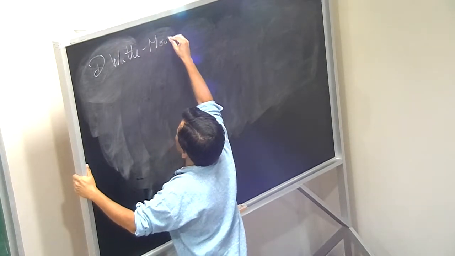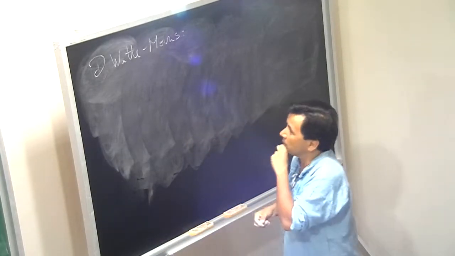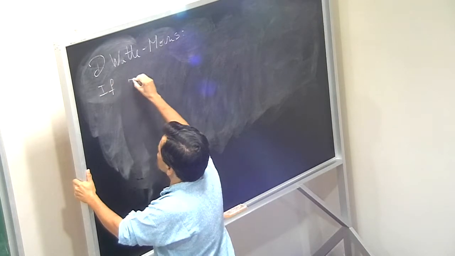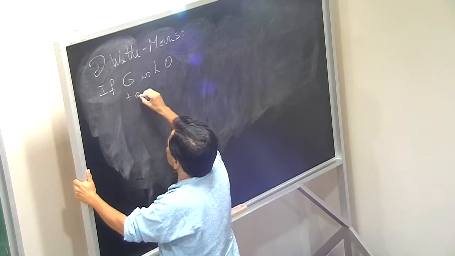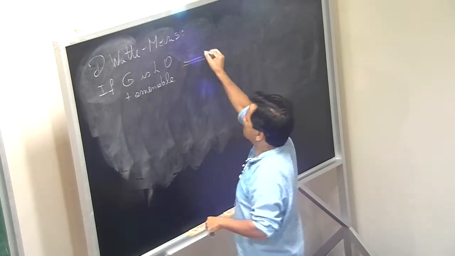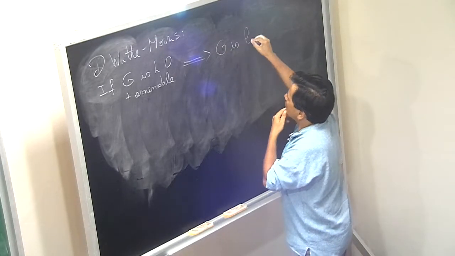The difficult part of the theorem of Dave-Morris or Dave-Witt theorem is that if G is left orderable and amenable, then G is locally indicable.